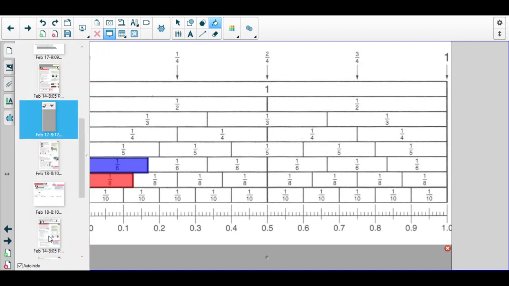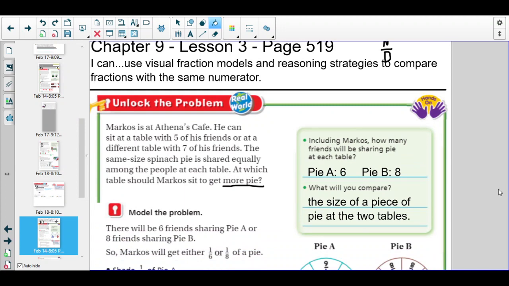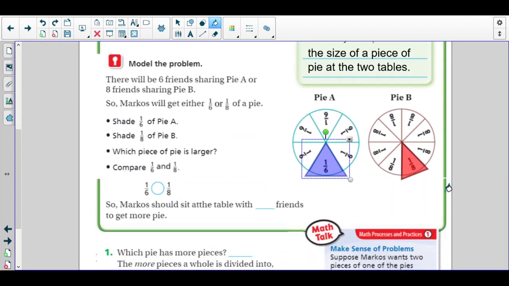But we'll stick with this activity and how they're wanting us to look at comparing this right here. So 1/6 is greater than 1/8. Kind of strange. All right.